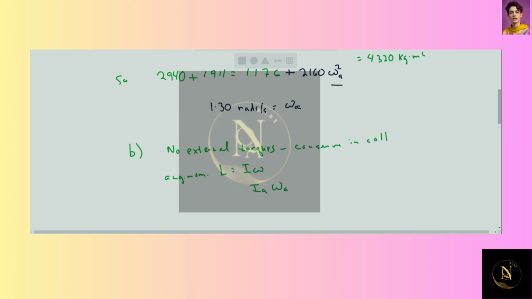We can figure out the moment of inertia by just working in Tarzan into the mr squared formula. And so we're after the new angular velocity.